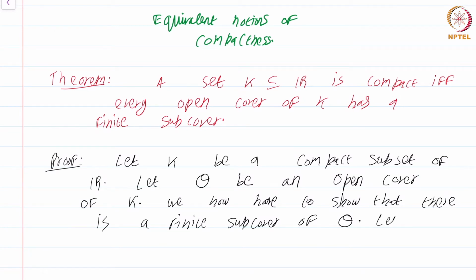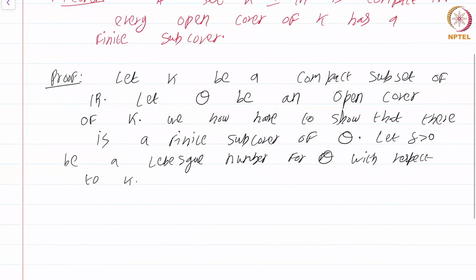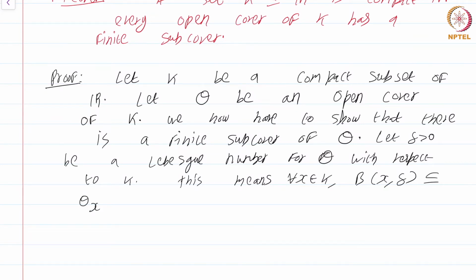So let delta greater than 0 be a Lebesgue number for O with respect to K. This means for all x in K, B(x, delta) is a subset of some O_x which is an element of O. This is the definition of a Lebesgue number.